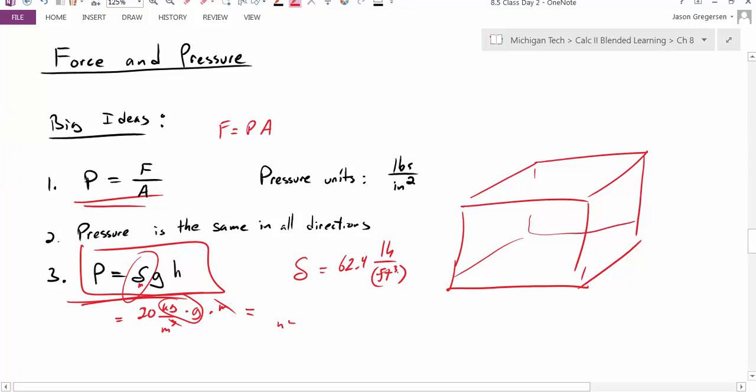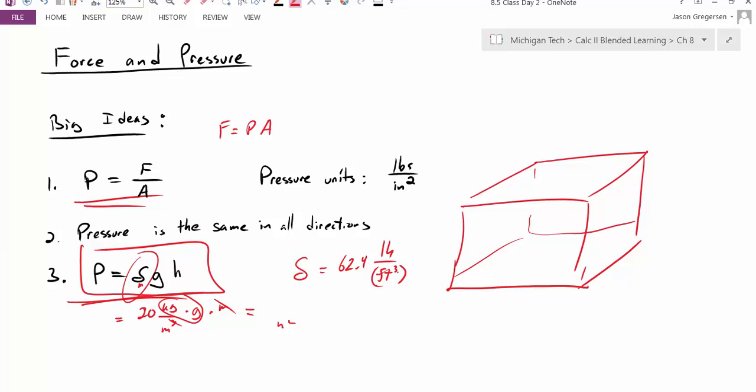Because this is a weight density, and that weight is a force. When they say pounds, they're giving me a measure of force. I don't have to adjust my mass and multiply by the gravitational constant to turn it into a force. So we're going to use this formula. But you need to understand that if you're given this density, that's a weight density, that combines both of these terms right here. And you don't have to take this thing and multiply it by G. Okay.